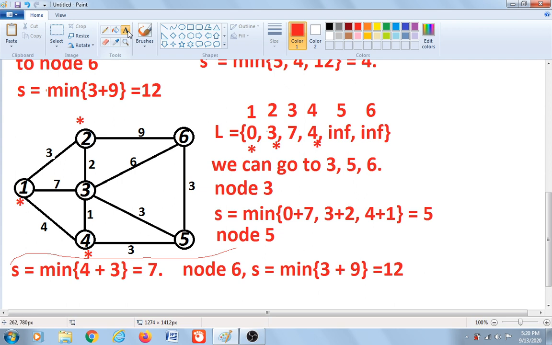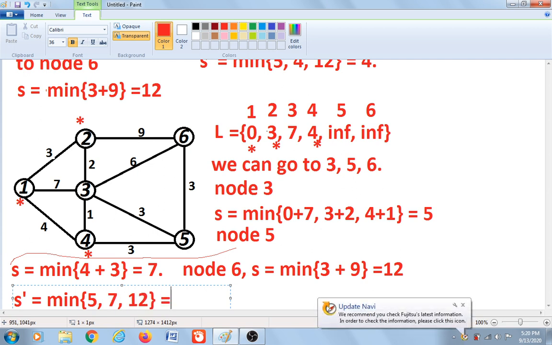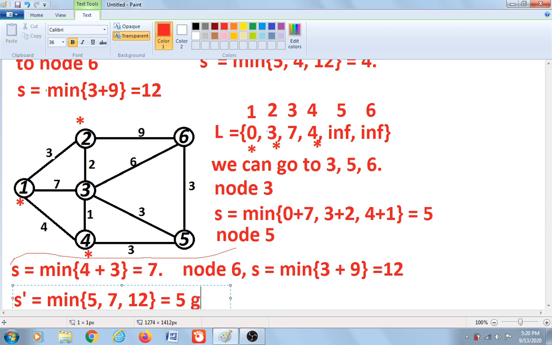and next we need to compute S prime. S prime is the minimum of 5, 7, and 12, and that is equal to 5. So this means we go to node 5.